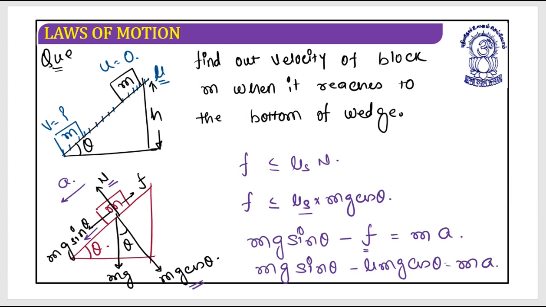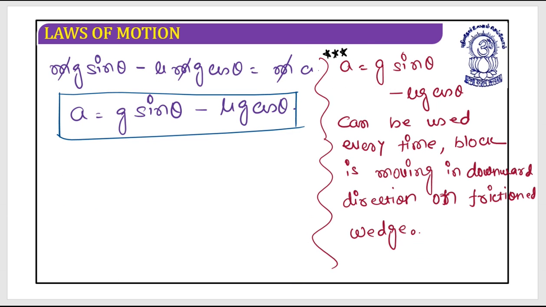So now I have been given that my block was initially at rest, and finally it must have a velocity v. Let's assume this distance is x. We are going to replace it, but at this point you can use x. So v square minus u square equals 2 a x.